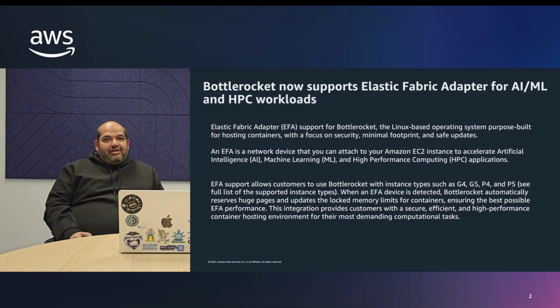So we have now made EFA available on Bottlerocket. Bottlerocket is our purpose-built container operating system, and customers running container-based workloads who want to use Bottlerocket can run workloads like HPC and machine learning and make use of the EFA adapter for those workloads.